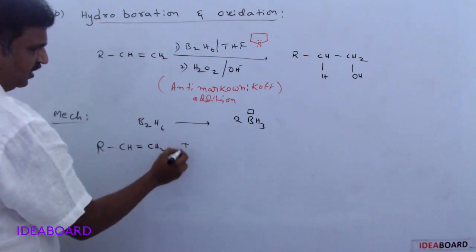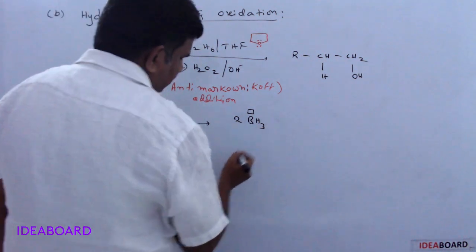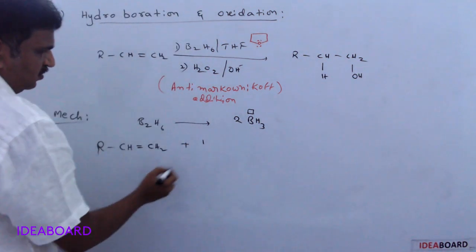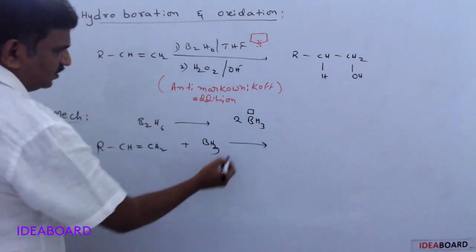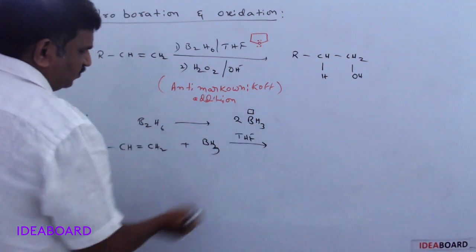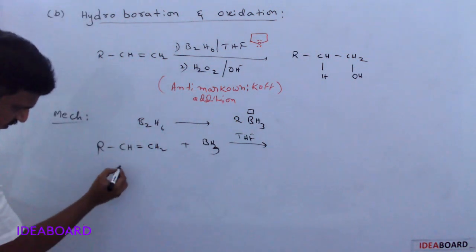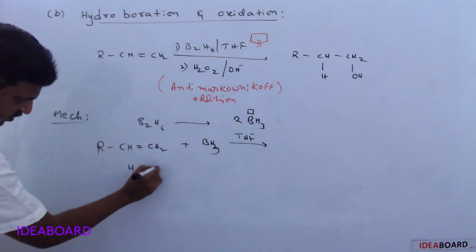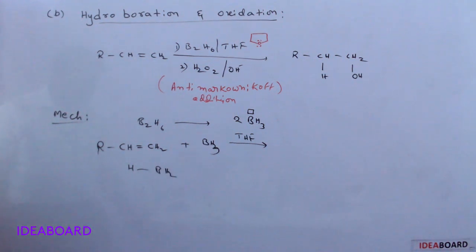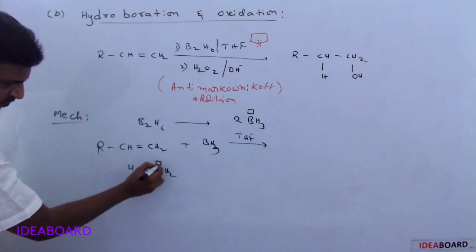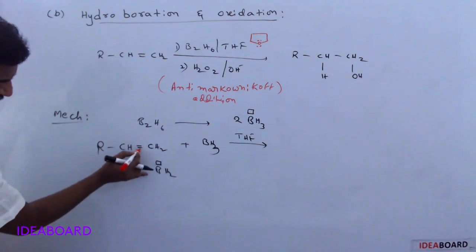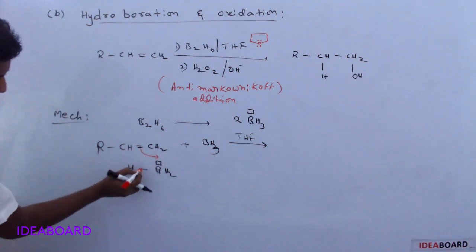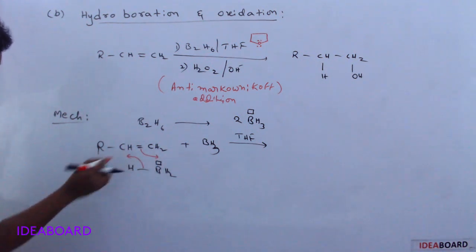Here BH3 I am writing as H and BH2. BH2 boron has a vacant orbital, and this bond shifts towards this and this bond shifts towards this.